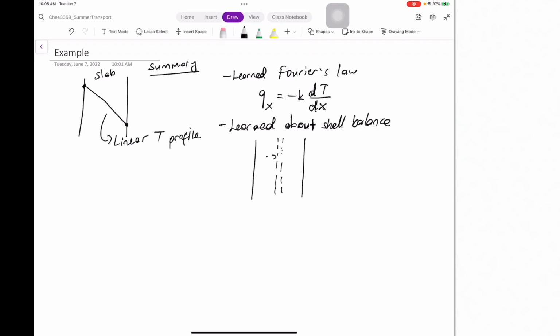You can talk about the fluxes coming in, or the amount of heat coming in, amount of heat coming out, and you do basically heat in minus heat out plus heat generation is equal to accumulation, we said, right?